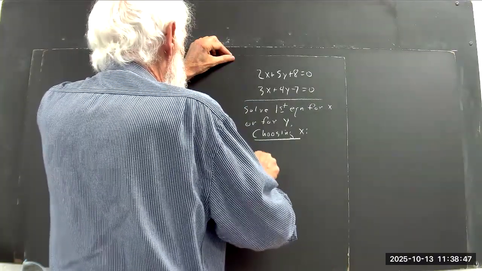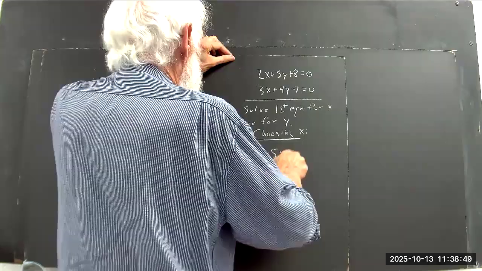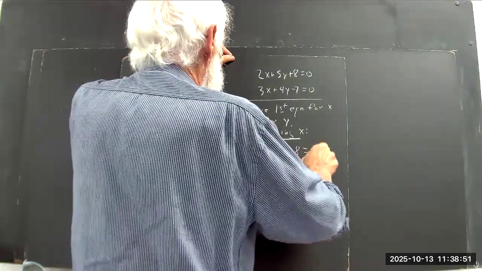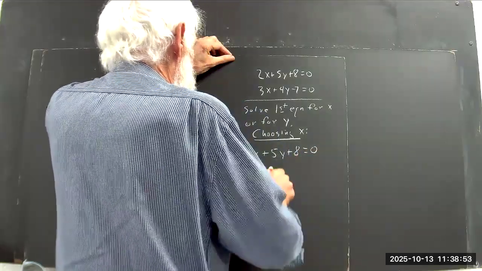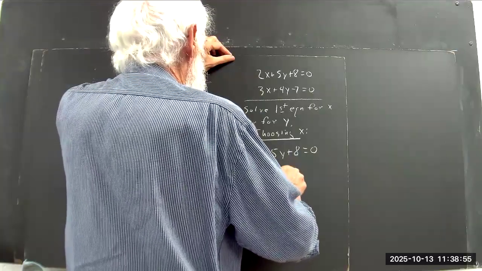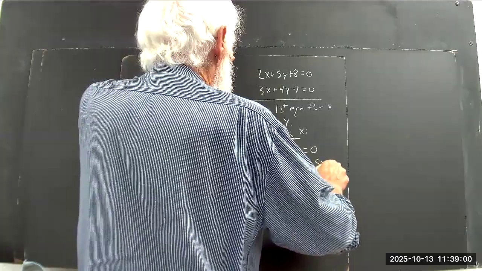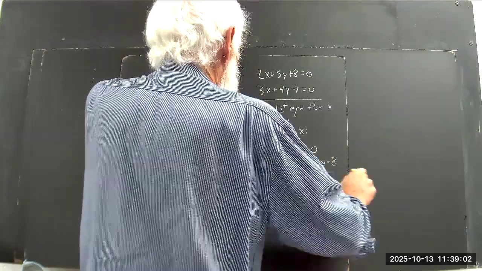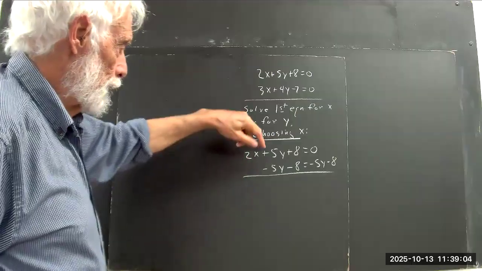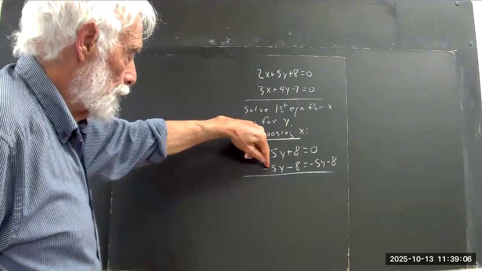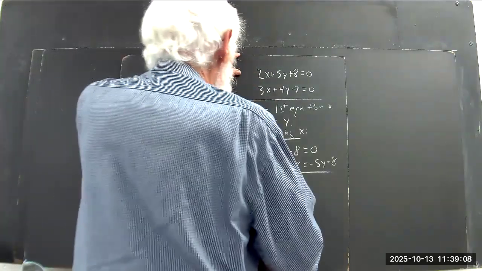Okay, well, we have 2x plus 5y plus 8 equals 0. Well, we subtract 5y and subtract 8. Okay, so that when we add 5y to negative 5y, we get 0.